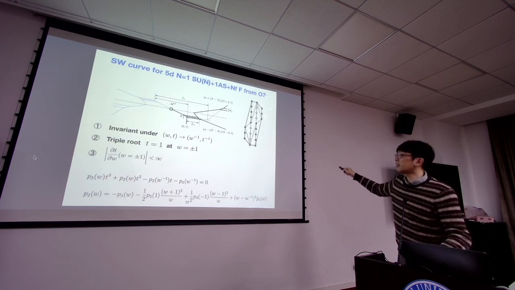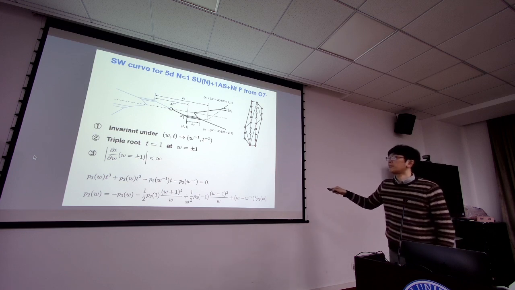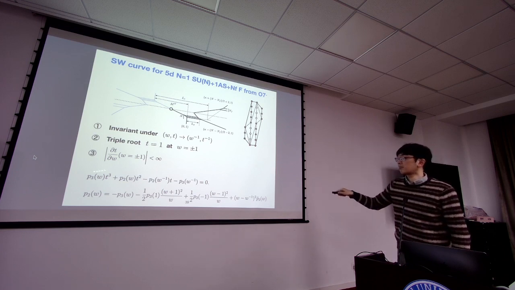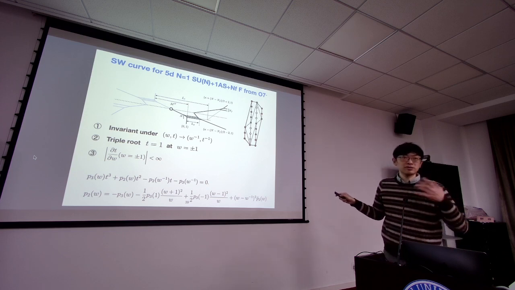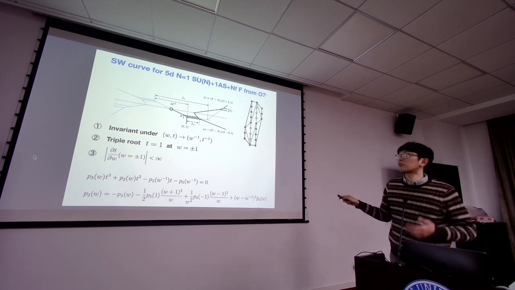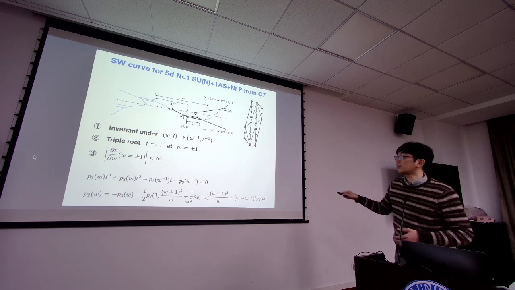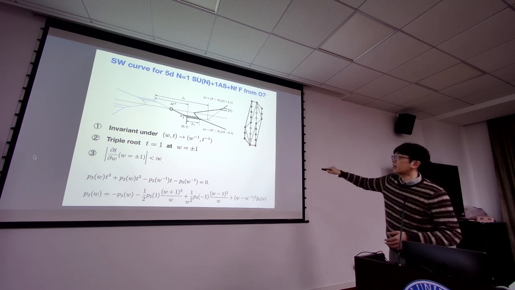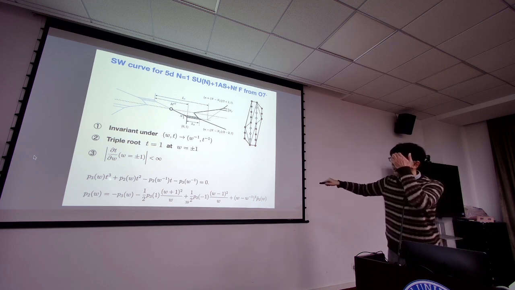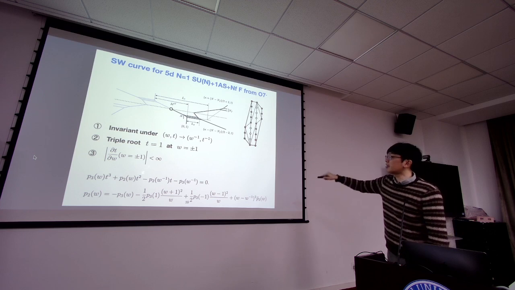If we use O7 minus, we also obtain the Seiberg-Witten curve in this way. This time there is some small additional constraint, not only Z2 invariance. And in this case, we obtain a degree 3 polynomial.